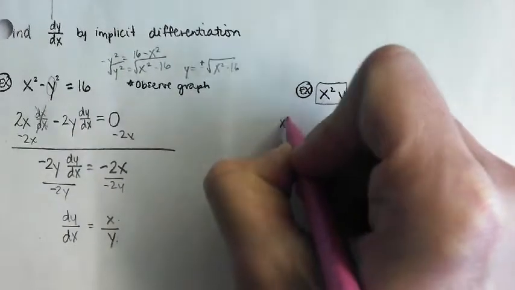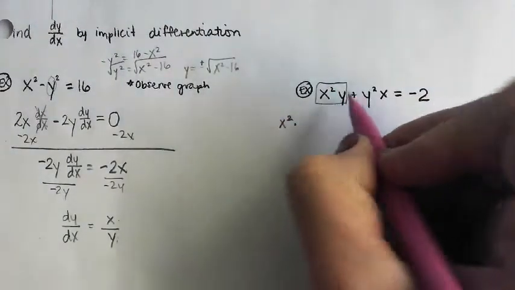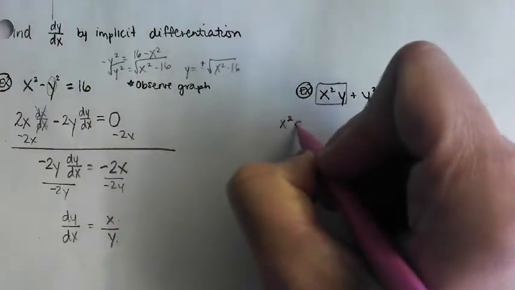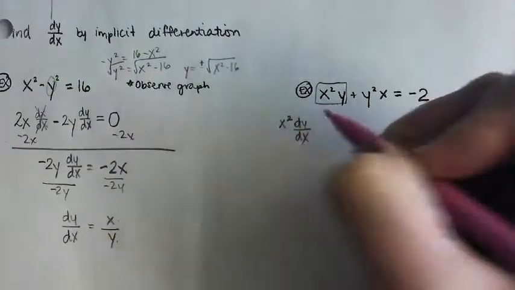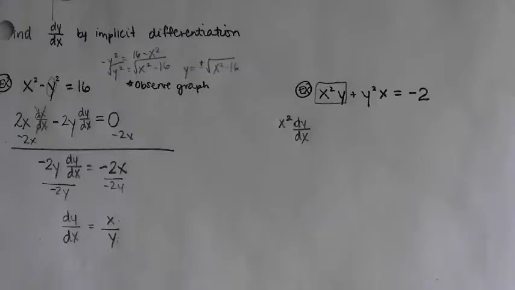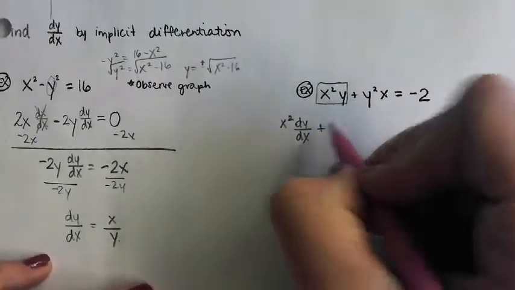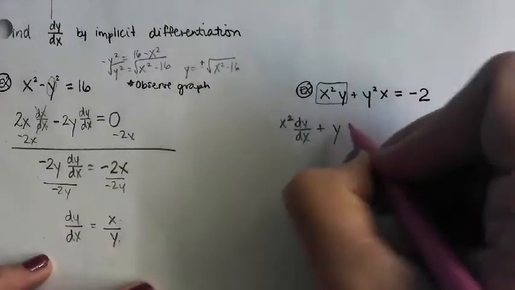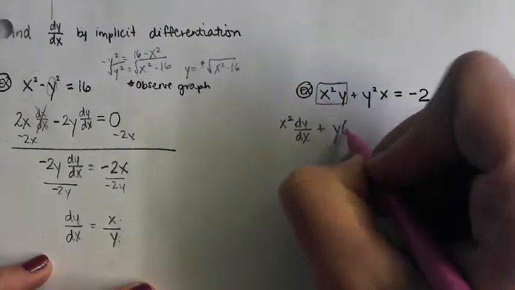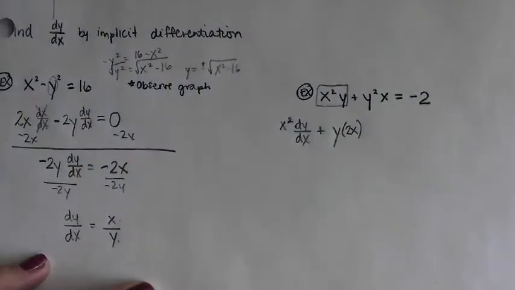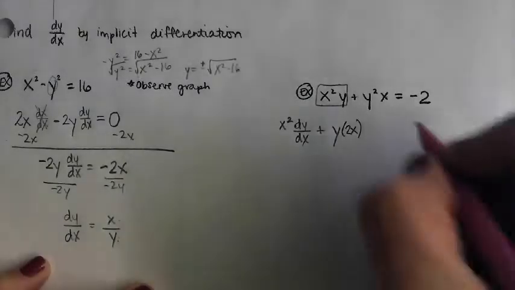So I have first times derivative of y is just dy dx. Yes, 1 followed by a dy dx. Plus the second y times the derivative of the first would just be 2x. And there's no need to follow that one up with dx dx because this is already with respect to x.